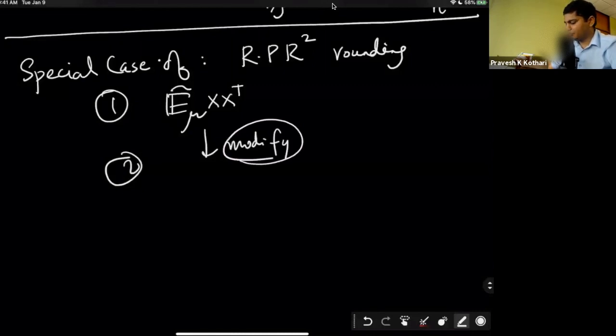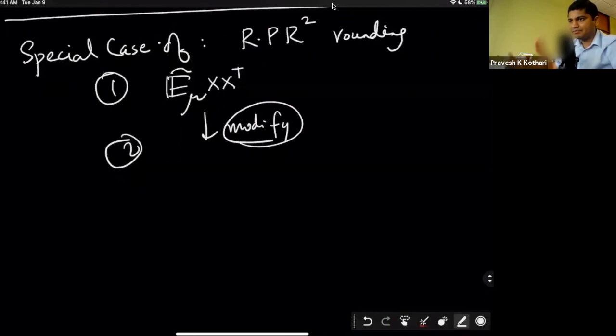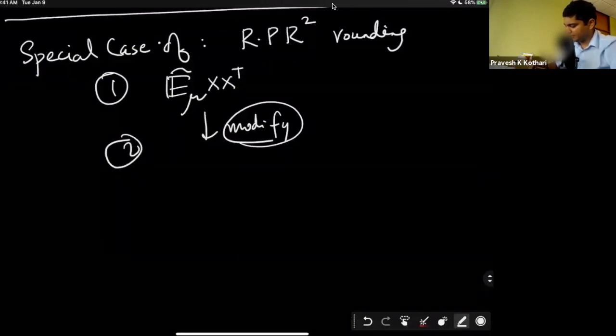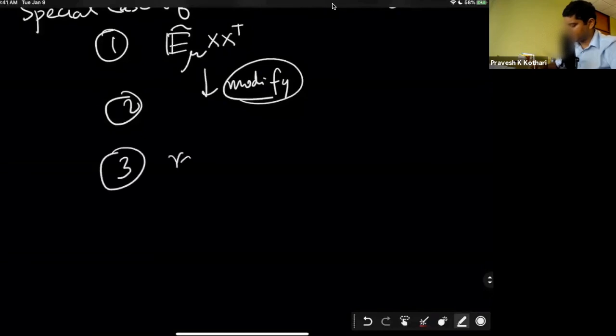We'll see one more example of what kind of modification we might want to do. But, for example, here, we modified by scaling down the covariance matrix. Like we scale down the vector, but equivalently that scales down the covariance matrix. So there is a step which modifies the PSD matrix that you get from the pseudo distribution. So let's just call it this modify step, and then the third step is to do randomized rounding.